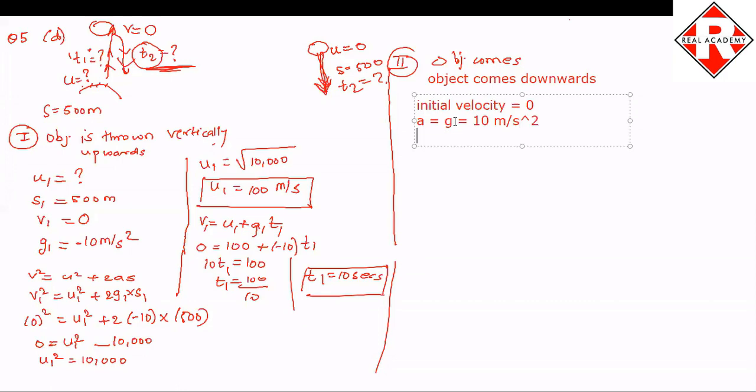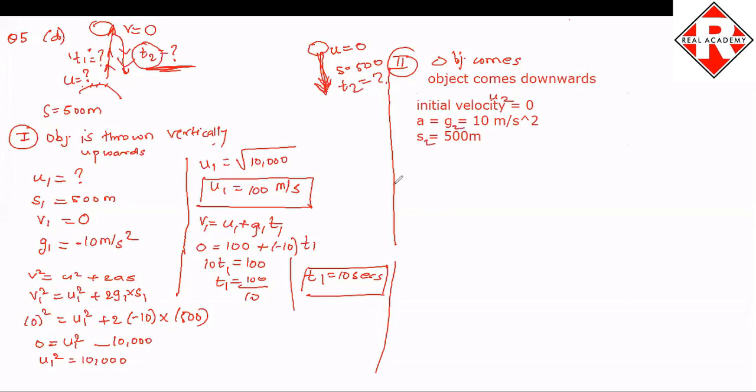We will be having height traveled, that is the same thing, s2, that will be 500 meters. Now s is given, a is known, u is known, I only have to find t. So let's assume this is u2, this is g2, s2.